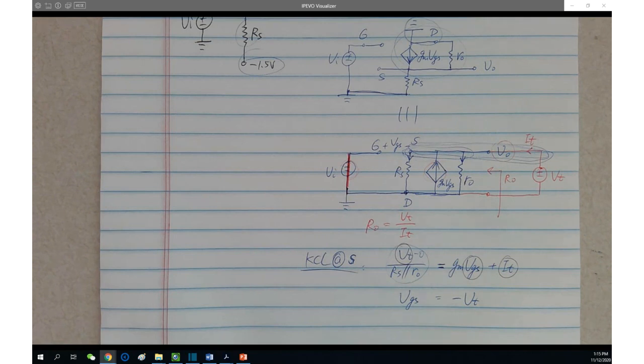That's determined by the current direction, It. That would mean that It is going through the negative terminal of Vt, which makes it negative Vt, and then It is going through the positive terminal of Vgs, therefore making it Vgs equals negative Vt.